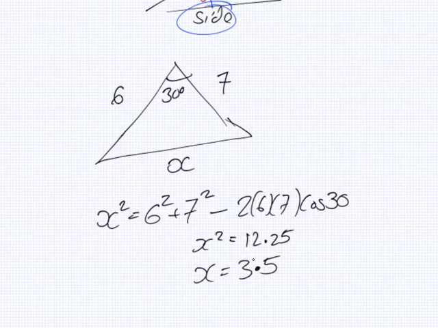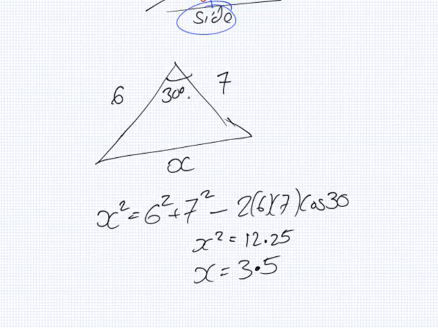I have trouble deciding which one is A, B, and C. That's correct. I don't remember which way it is with ABC. In my head, the way I'm thinking about it is the side that I want equals the other two squared minus twice the other two cos the angle in between.